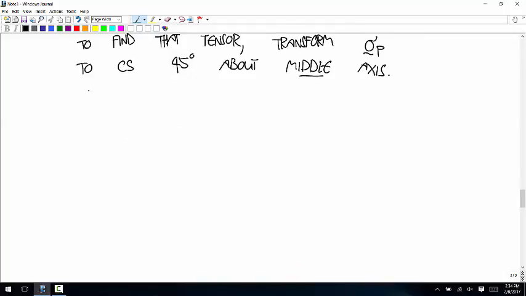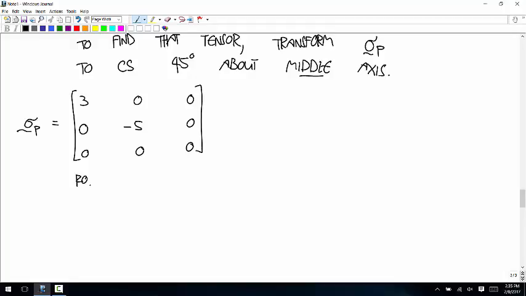So let's say our principal stress tensor is 3, 0, 0, 0, negative 5, 0, 0, 0, 0. What axis corresponds to the maximum? X. What corresponds to the minimum? Y. So we want to rotate 45 degrees about the z-axis. Always 45 degrees.